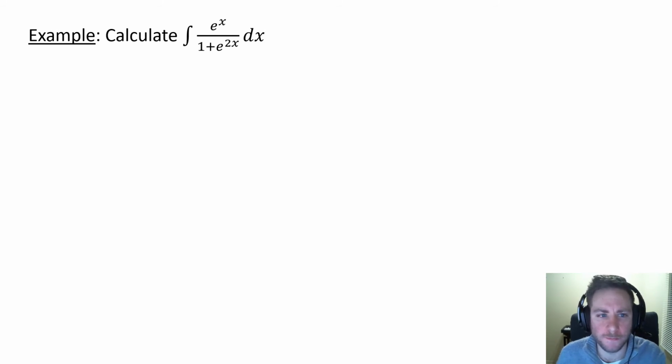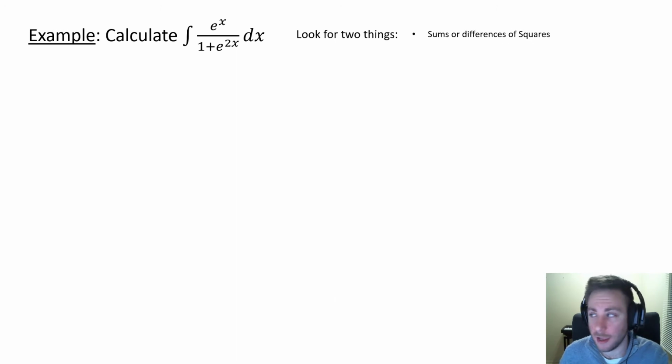If you've been listening to me carefully, I suggested there are two really important things that you should always be looking out for in this course. Those things are sums and differences of squares and integrals of the form f prime over f. Of course, this isn't strictly a rule.